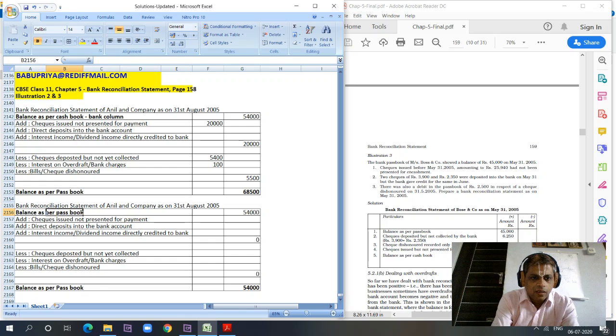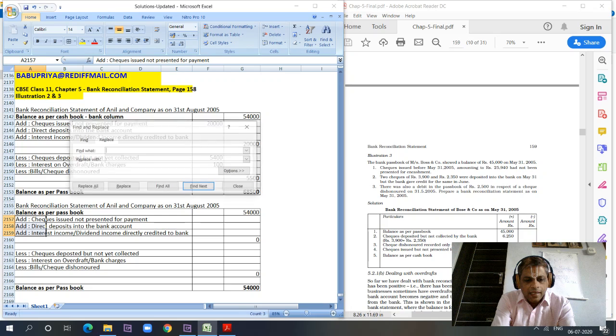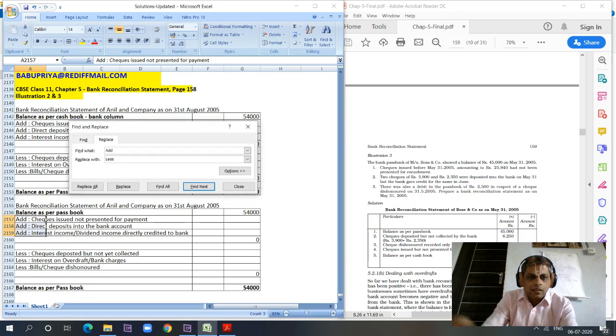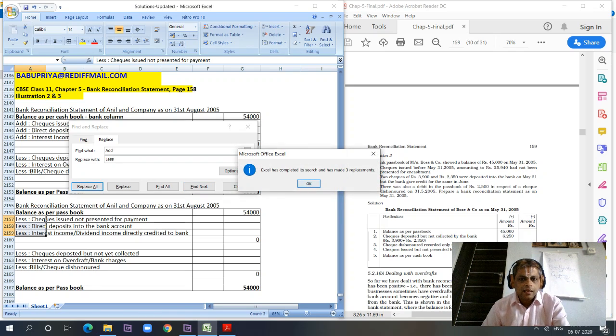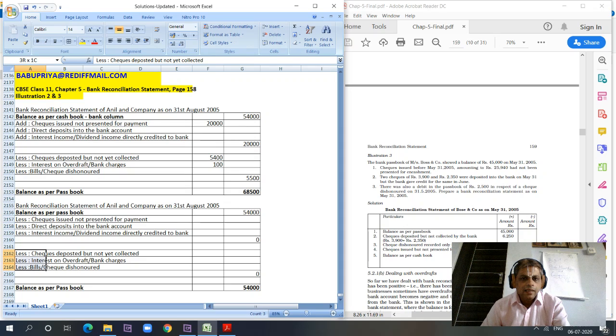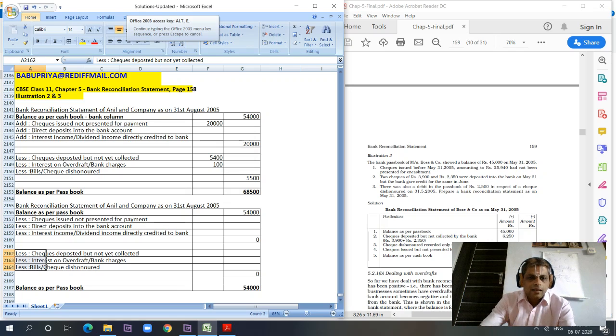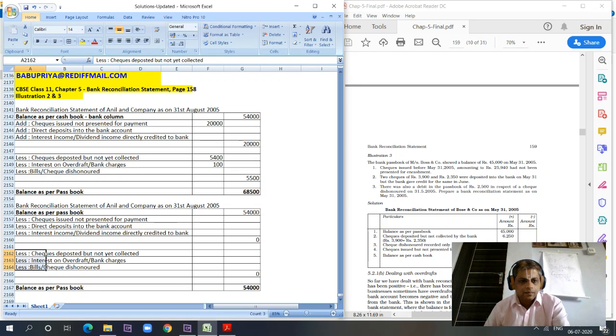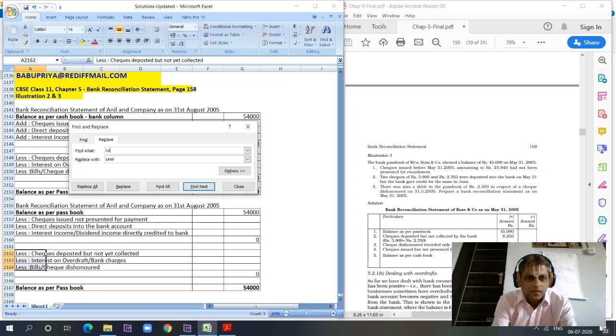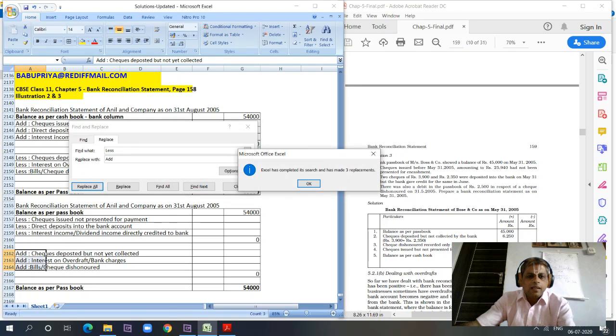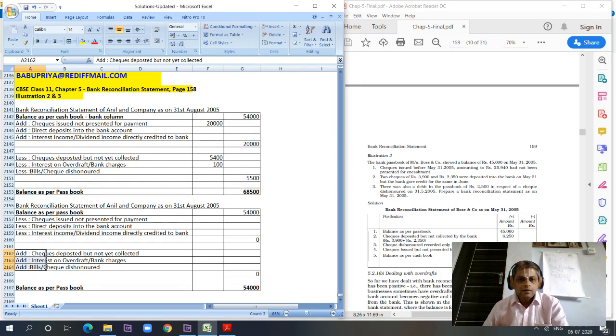So as we discussed, all the add will become less here, and all the less has to be added. We have to do it the other way around. That's what we saw in the concepts, right?